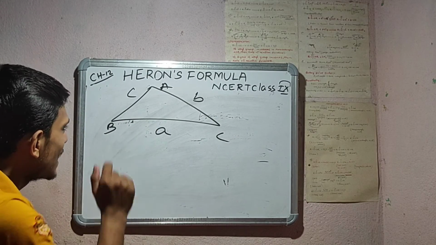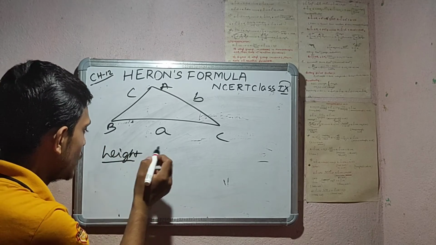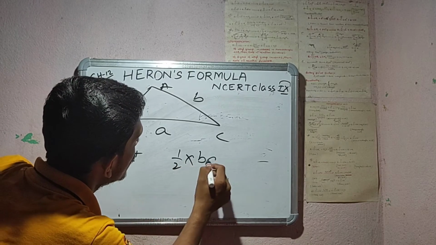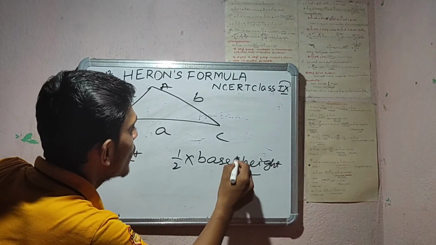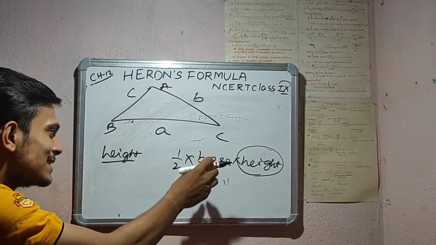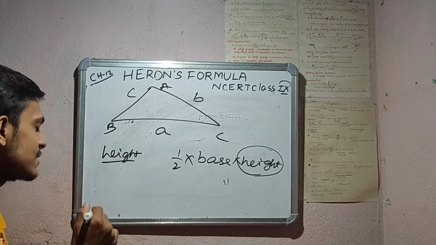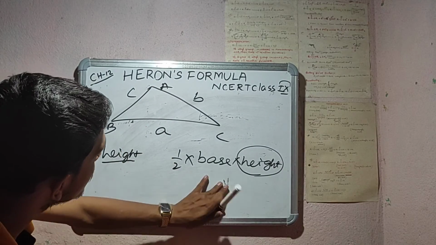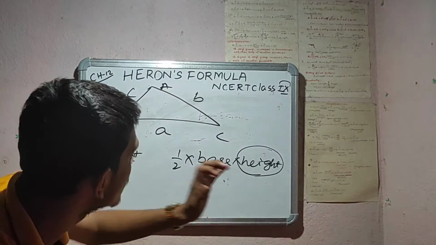Okay. In case of scalene triangle, the height we have to find. The formula is what? That is half into base into height. So we require height. If the height lies on the base, so the height lies on which line? This is the base. So if the base is here, but you cannot find easily the height.